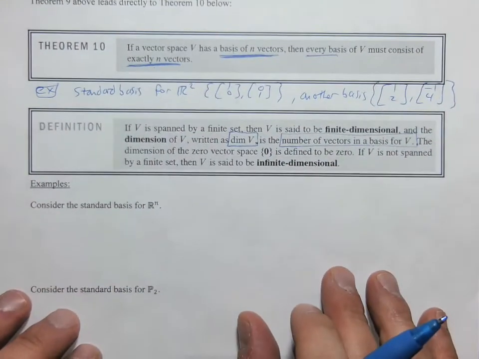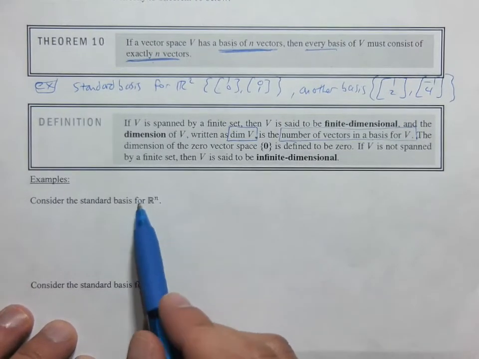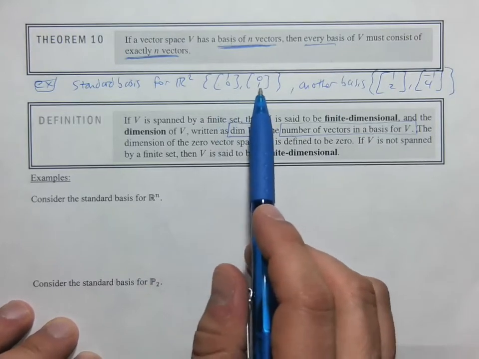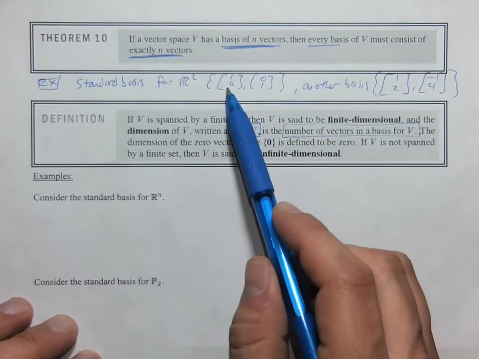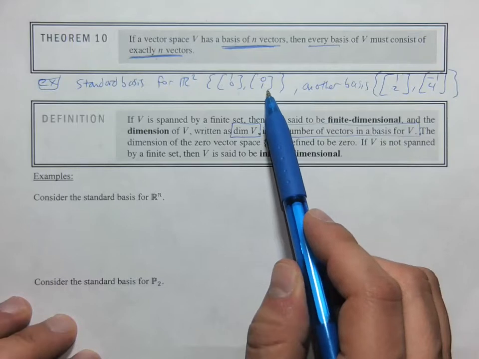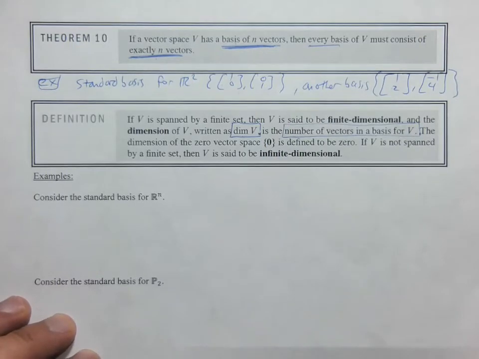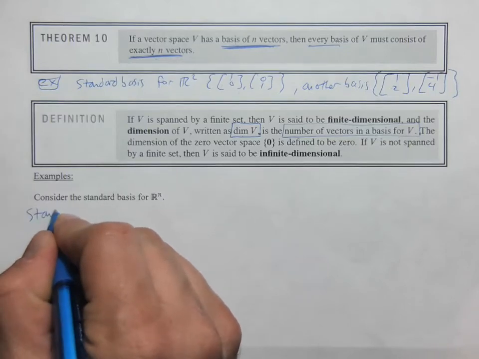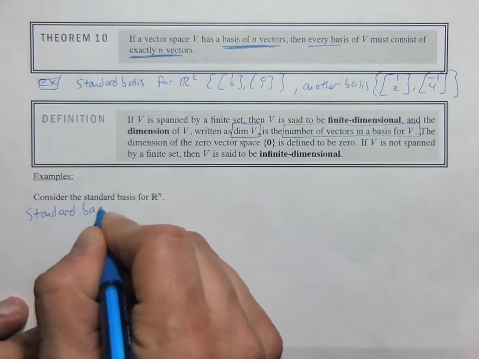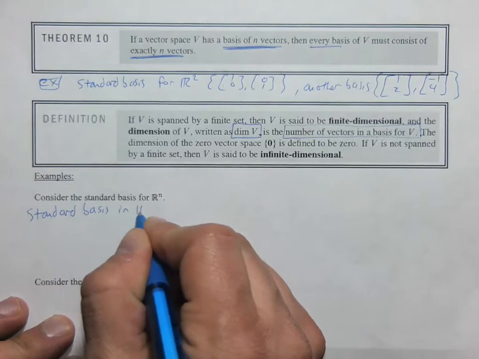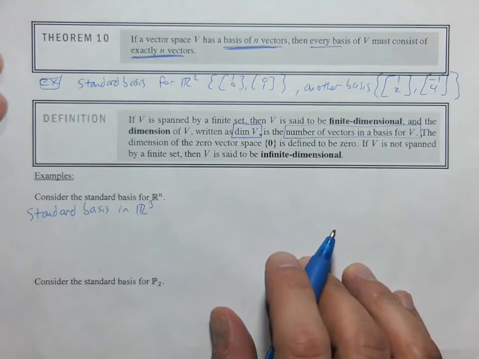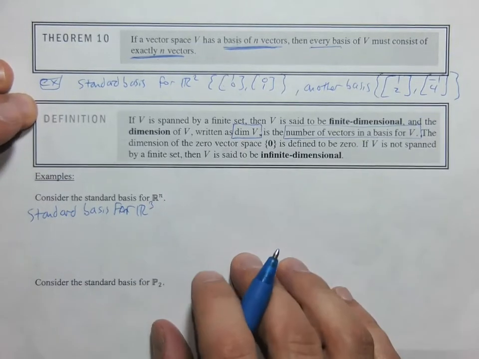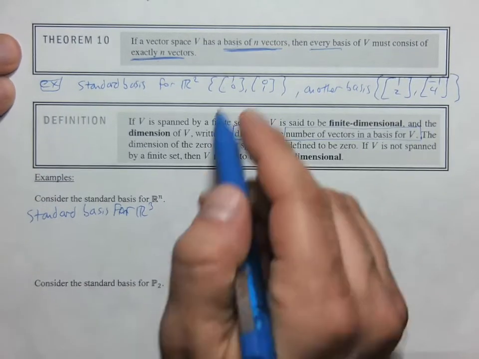So we've talked about R2. This is telling us the standard basis for Rn. So this is the standard basis for R2. The standard basis for Rn is the n vectors of the identity matrix for Rn. And so if we wanted to think about the standard basis for R3, it would be the R3 version of the one we just wrote down.